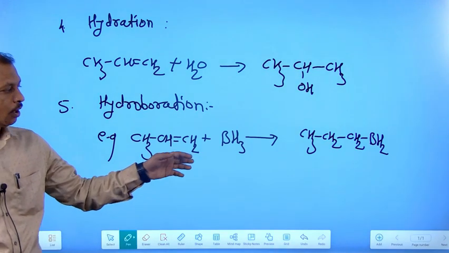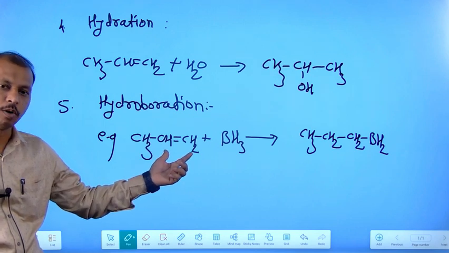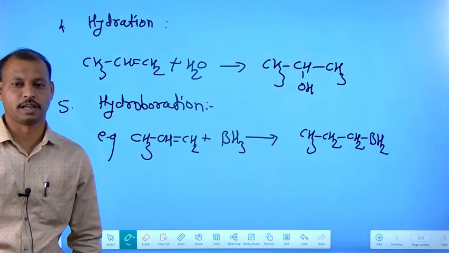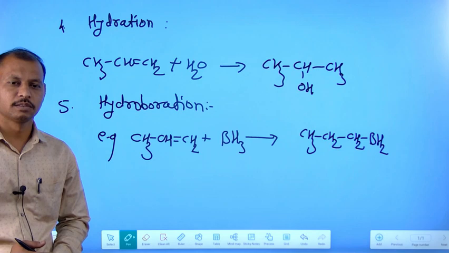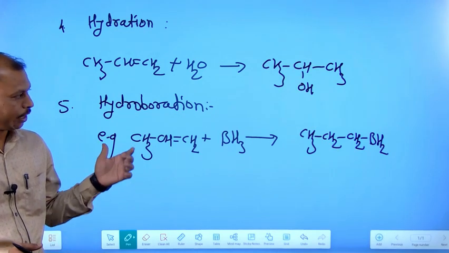In that reaction, hydrogen as well as boron both are added across this carbon-carbon double bond, and therefore such reactions are called hydroboration reactions. There are other examples too, like ozonolysis, that is addition of ozone molecule, and many more.